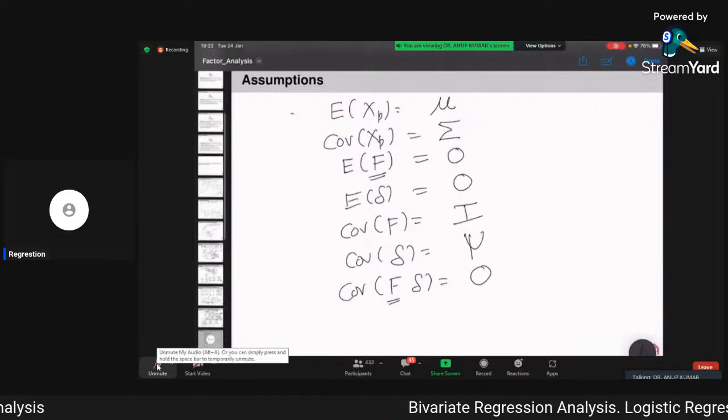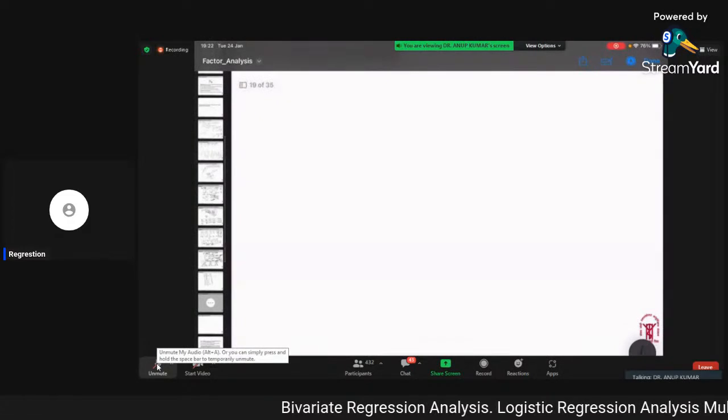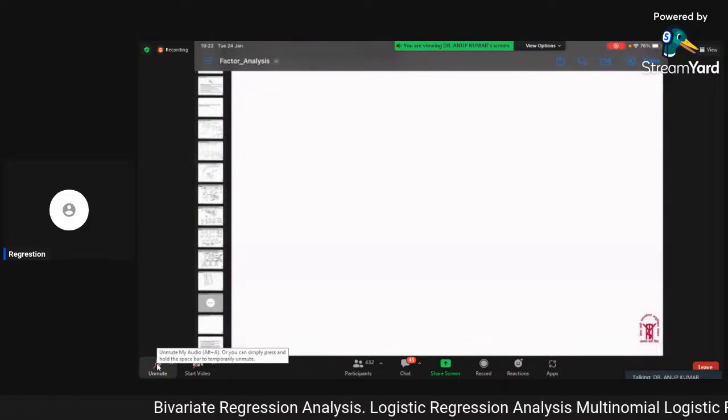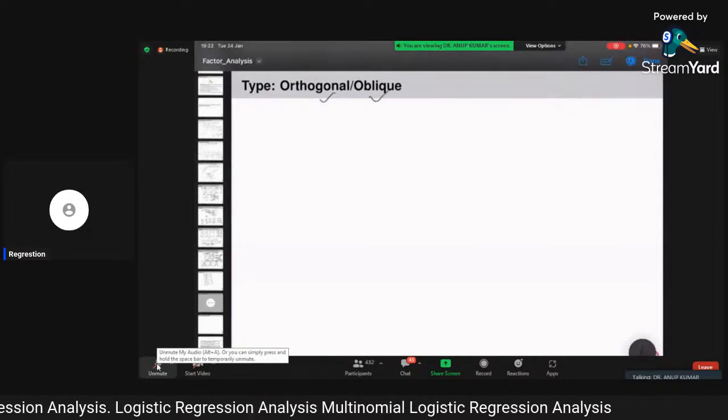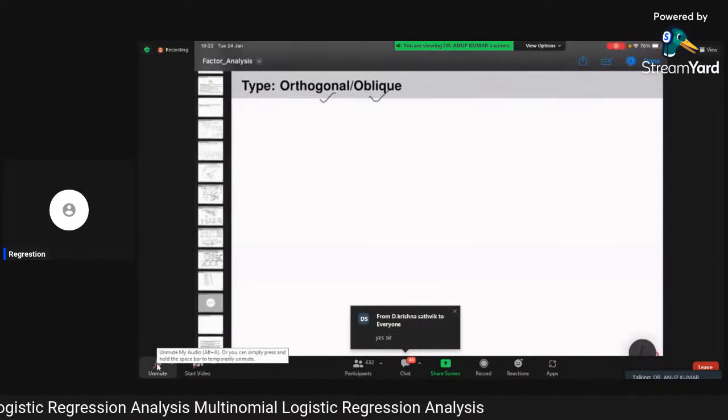So these are the notations and assumptions of the factor model. That is not very much, and I have already discussed orthogonal and oblique factor analysis.